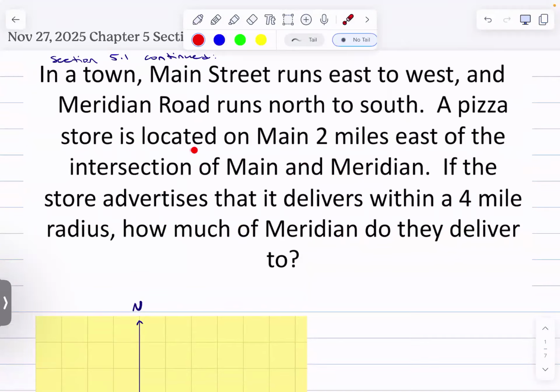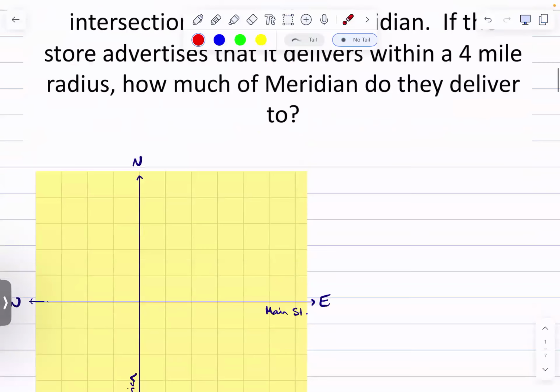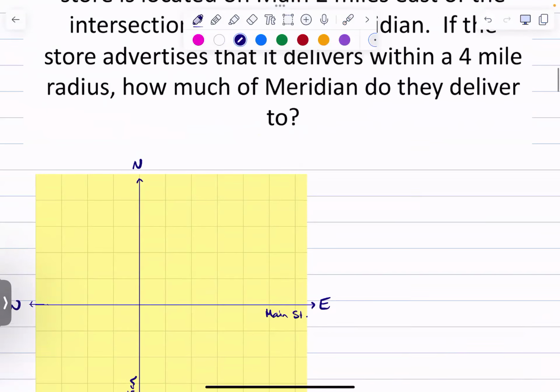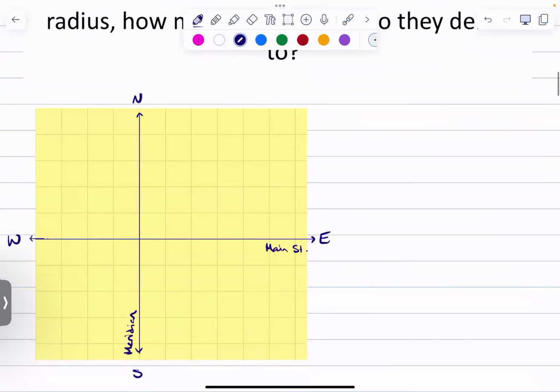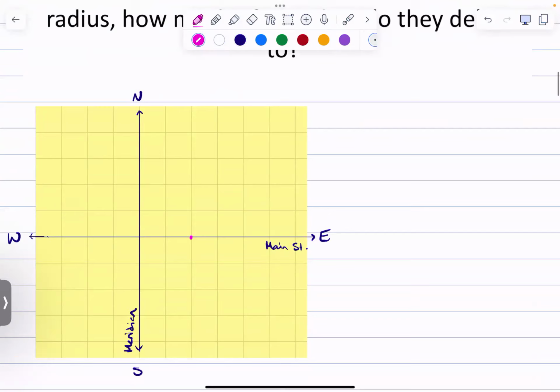A pizza store is located on Main 2 miles east of the intersection of Main and Meridian. The intersection is here, and if we use these ticks as miles, then 2 miles east puts our pizza place here.